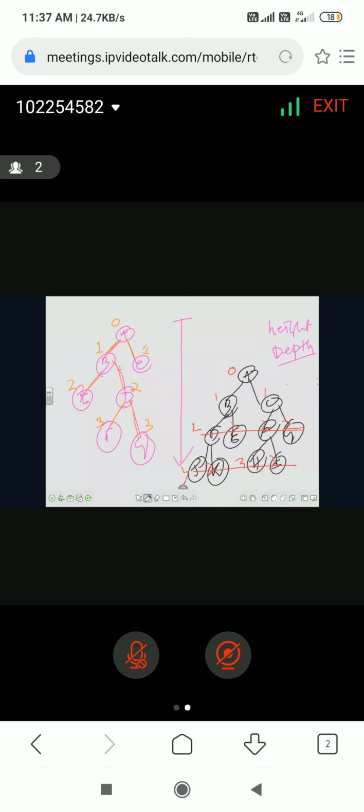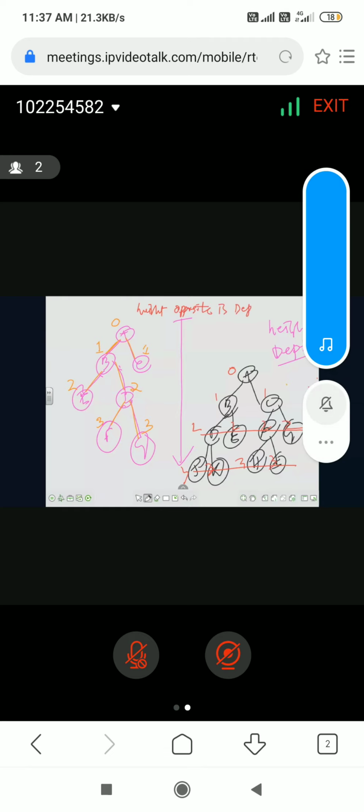So depth opposite is height, height opposite is depth. Please write down the note. Depth opposite is height. Height opposite is depth.